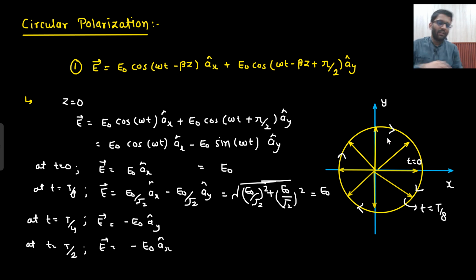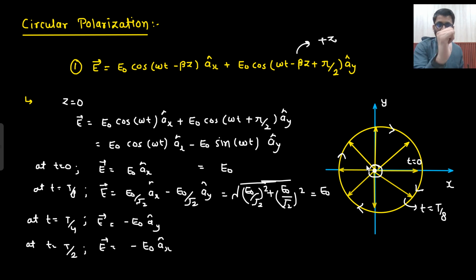Okay. Now what is my direction of wave propagation? Direction of wave propagation is plus z. X cross y should give me plus z, so plus z would be towards this. So my direction of propagation is towards me. So which hand do I need to use?